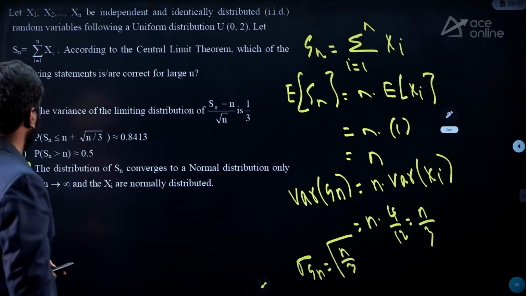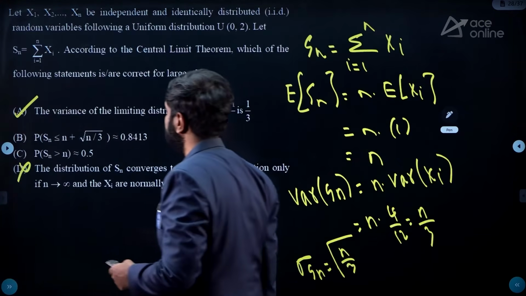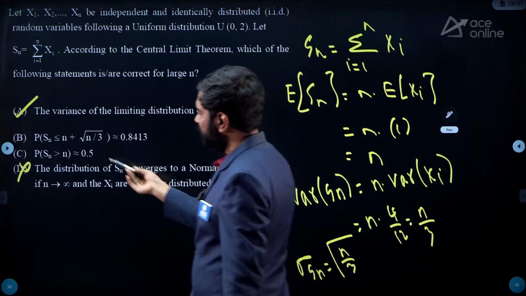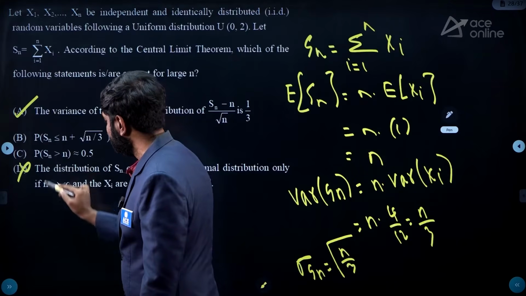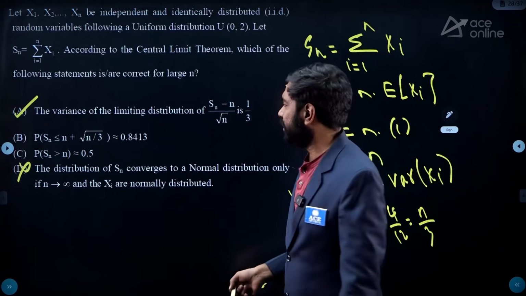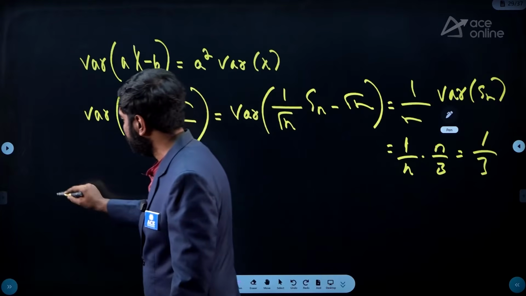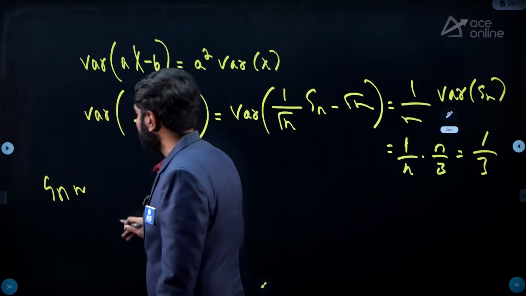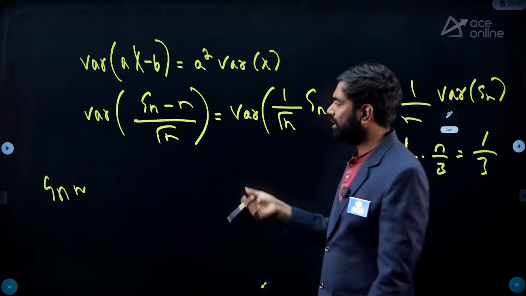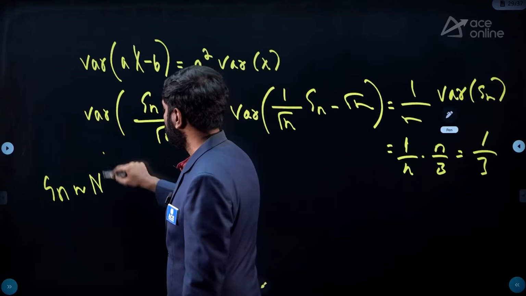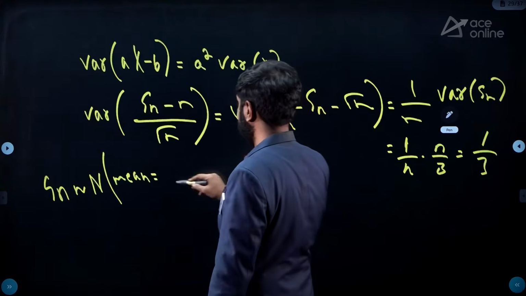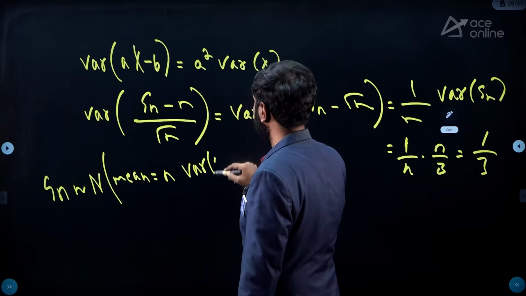What next? So yes, option A is correct. And then they are asking you the probability of the remaining events. Option C is very simple. Since n is large, the sum of IID random variables has a normal distribution according to the central limit theorem. So Sn, because it is dealing with the sum of IID random variables, as n is large, has a normal random variable nature whose mean, what's the mean of Sn, students? N. What's the variance of Sn, students?